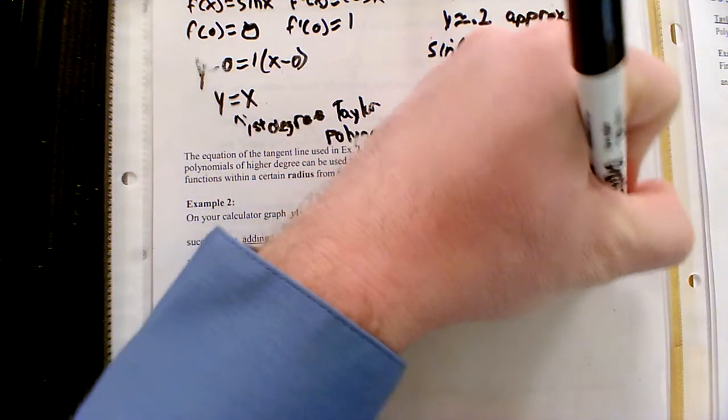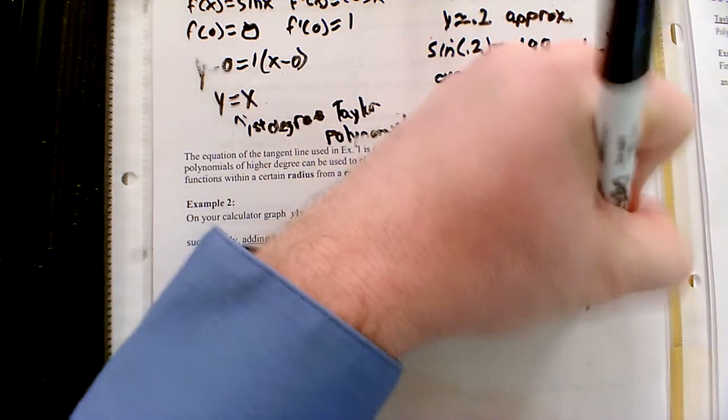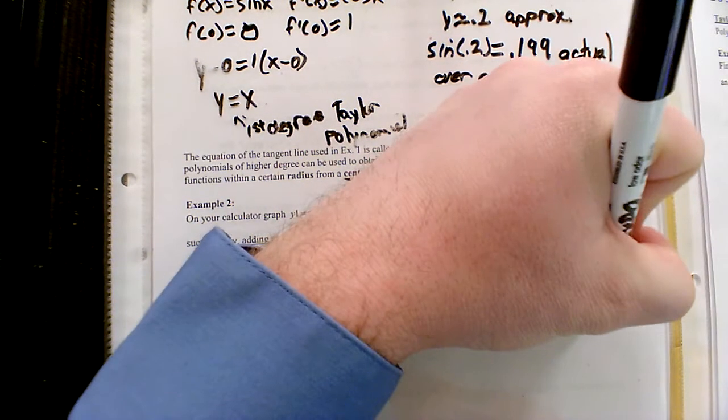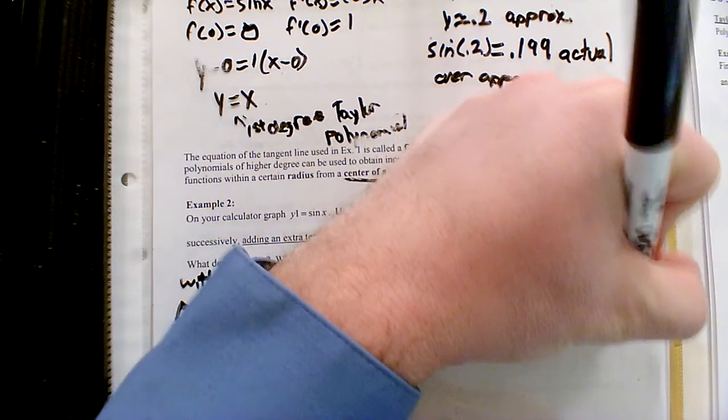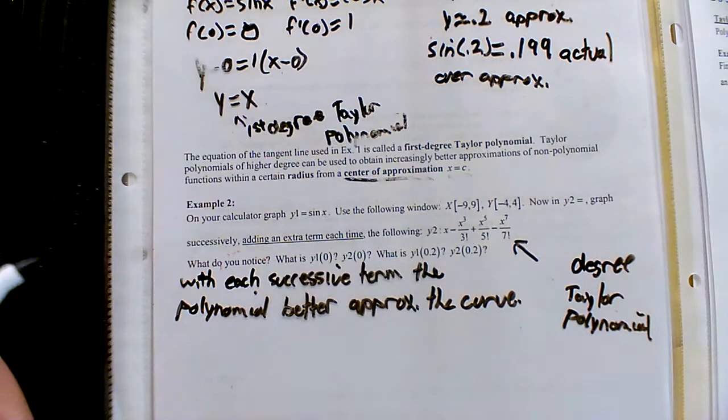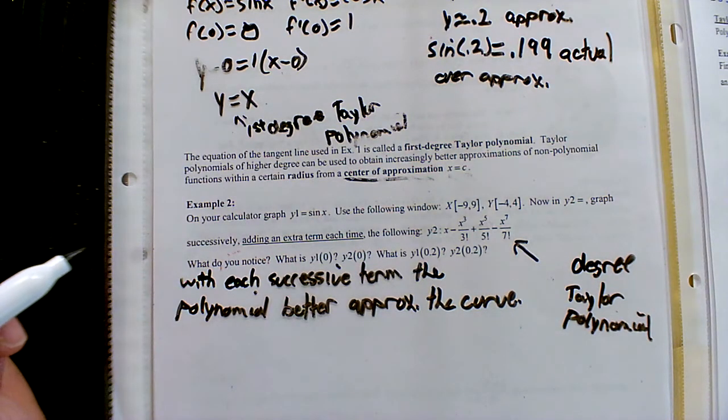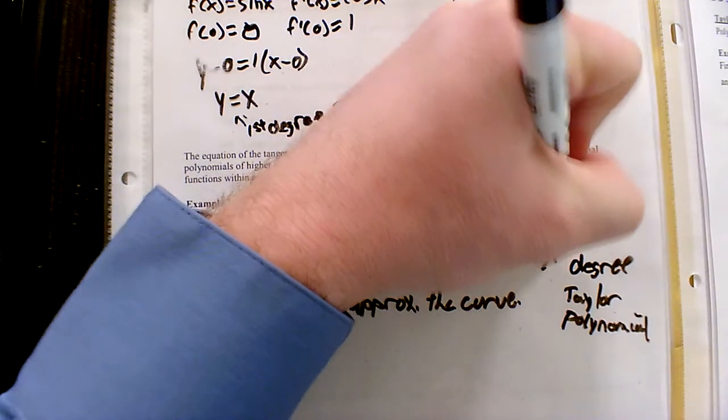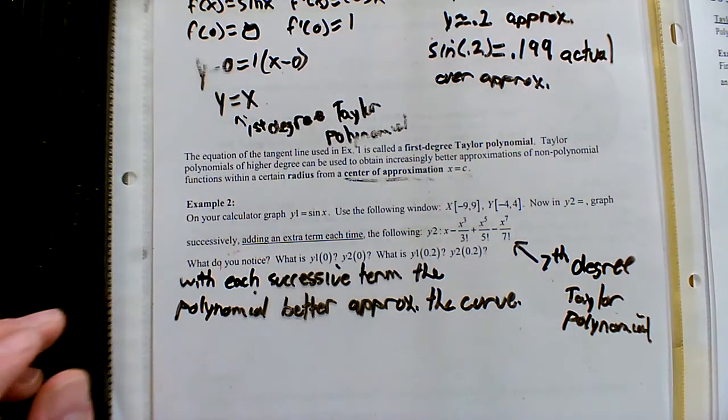Something degree Taylor polynomial. What degree do you think it is? Abby? Seventh, yeah. It's a 7th degree Taylor polynomial.